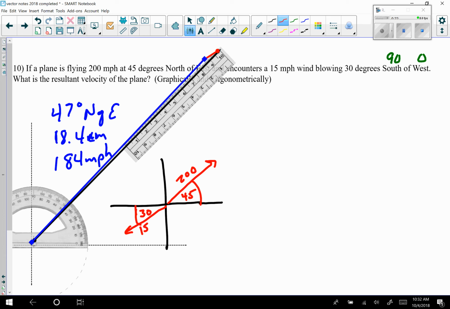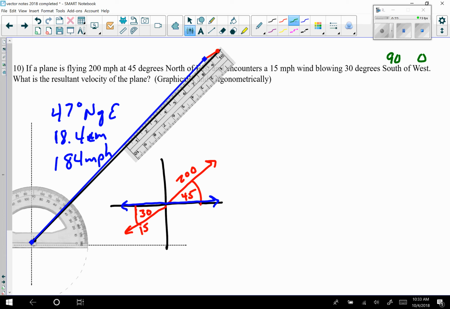Okay. Now, what I'm going to do is divide all these resultants up into components. For instance, this 200-mile-an-hour airplane is actually going to the east this much, and the wind is blowing to the west this much, according to the blue line.